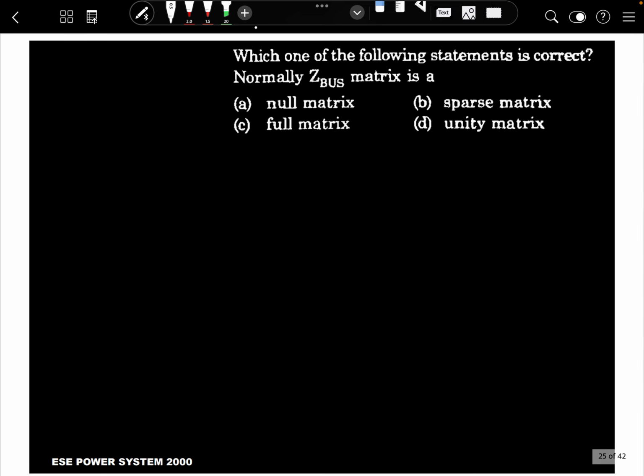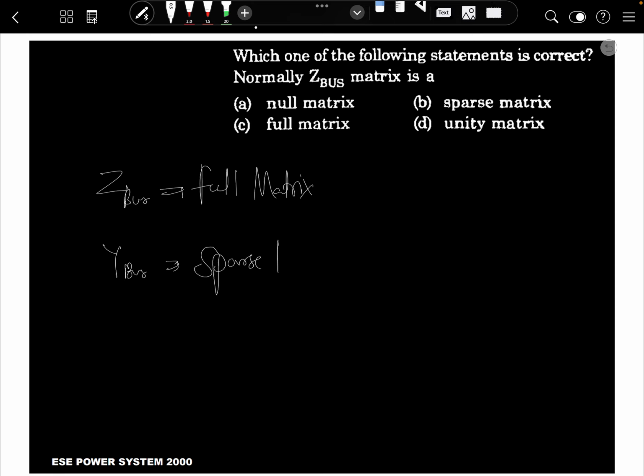Next, which one of the following statements is correct? Normally, Z bus matrix is, now remember, Z bus is a full matrix, and Y bus is, you can say, a sparse matrix. Null means all quantities are zero, means null matrix.